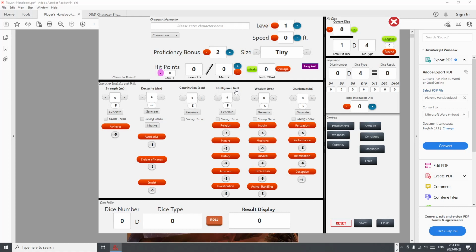This is my perspective on the aspect or the element of intelligence. Some people may disagree with me. Intelligence governs knowledge. If a character is knowledgeable, they have higher intelligence. If a character is ignorant, then they have lower intelligence.